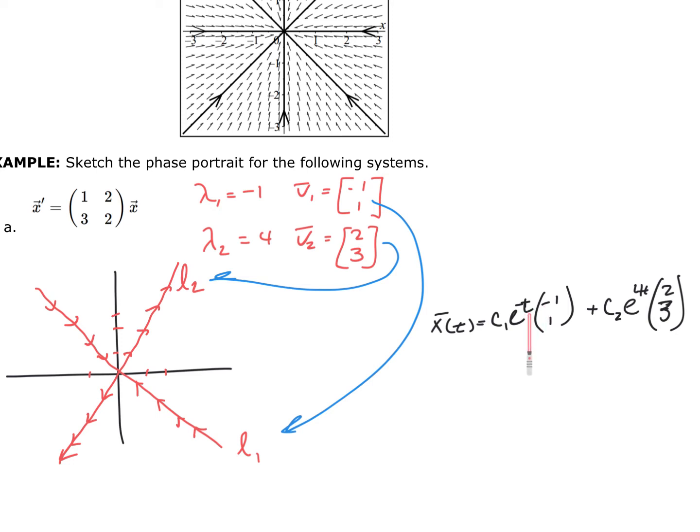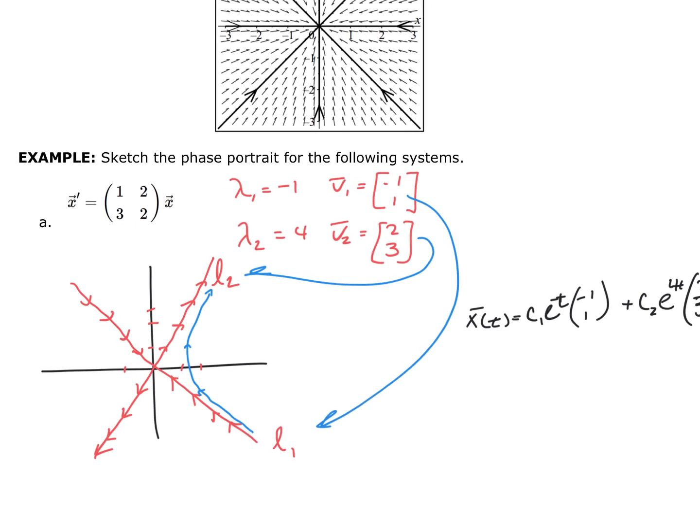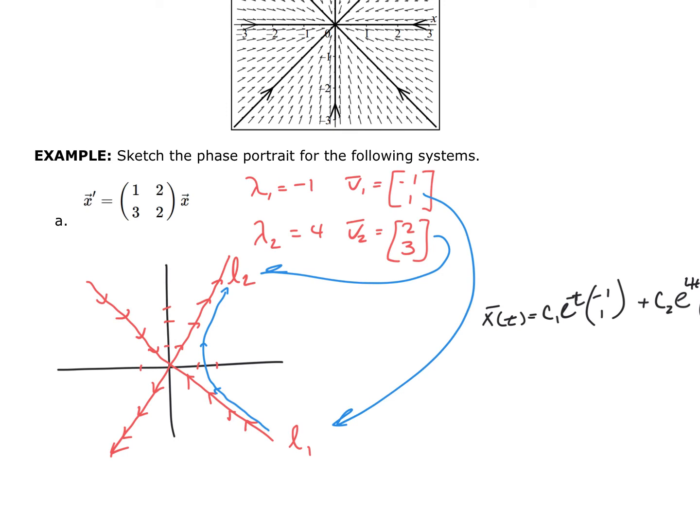So what that tells me is that my solutions may run parallel to L1 or L2, but eventually they're going to scoop out in that direction because L2 is going to dominate. Because that lambda, which is 4, is going to dominate the lambda, which is -1.